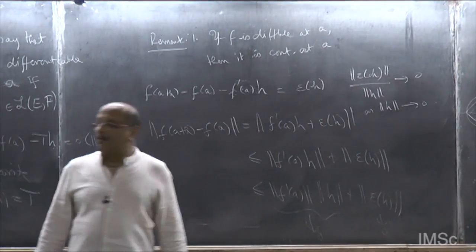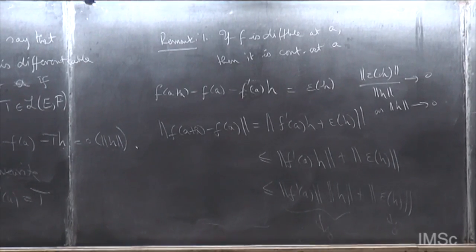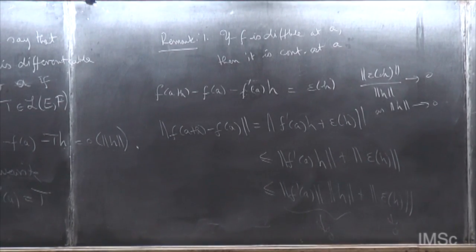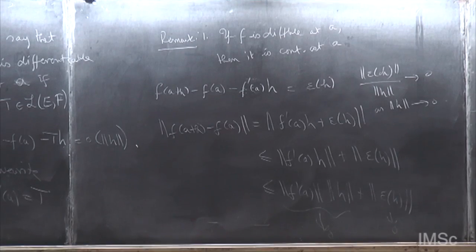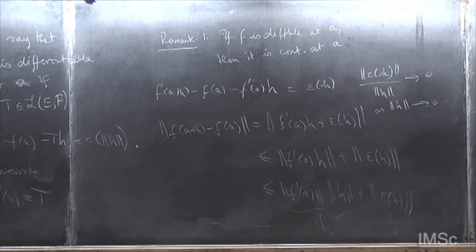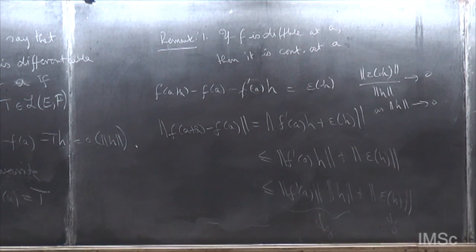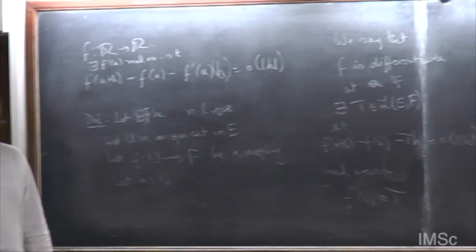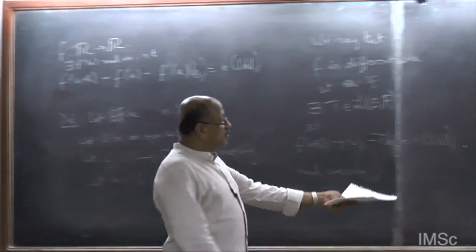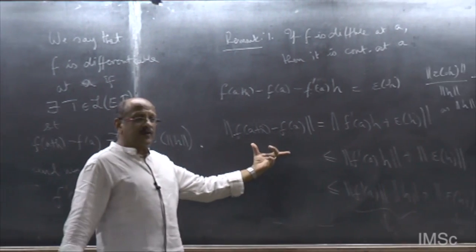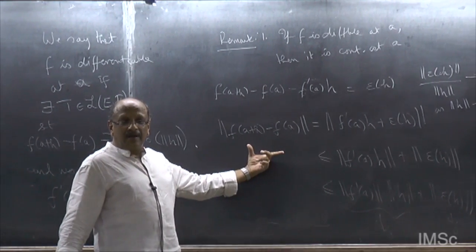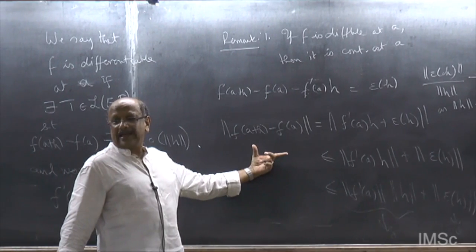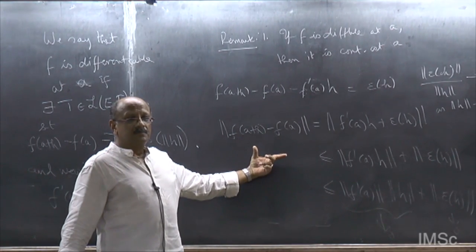Norm of f'(A) is bounded, that is the very definition; I am saying it is a bounded linear transformation, only then I will talk about it. So this goes to 0. So, as h goes to 0, this difference goes to 0. That means it is a continuous function at A. Okay.